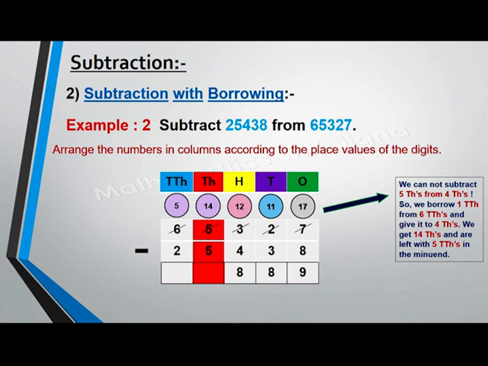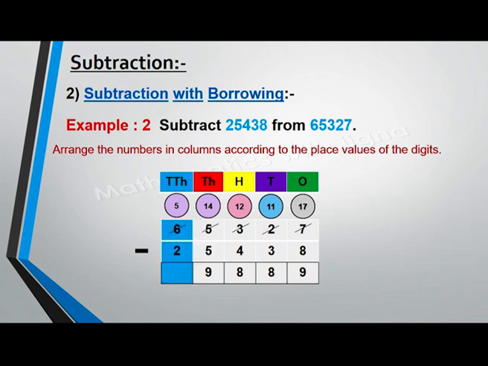So now 14 minus 5 is equal to 9. So write 9 in the thousands column. Now subtract the ten-thousands. Subtract 2 ten-thousands from 5 ten-thousands. We'll get 3. So write 3 at the ten-thousands place.